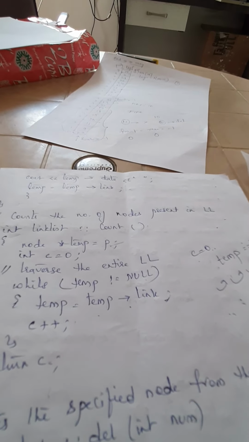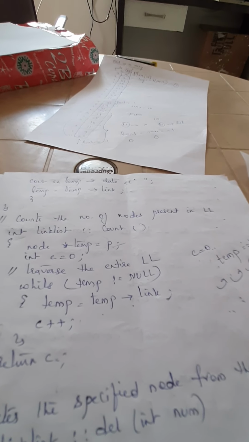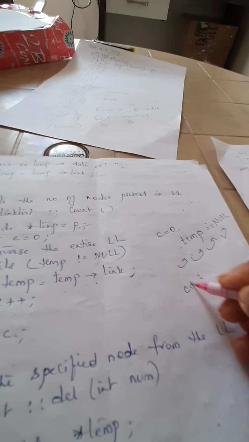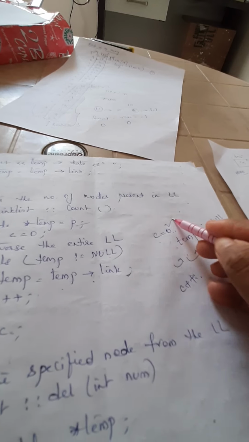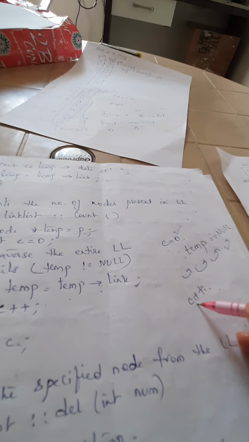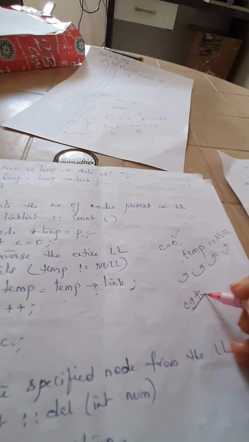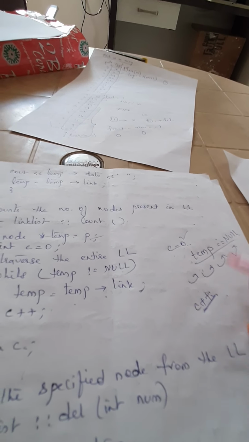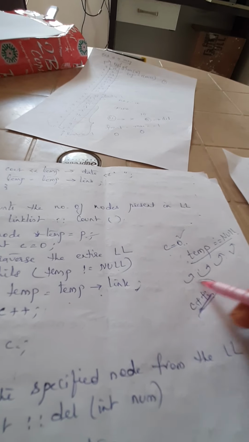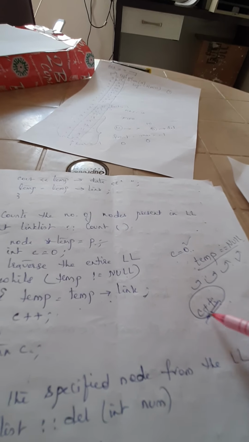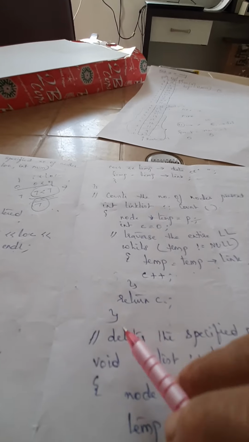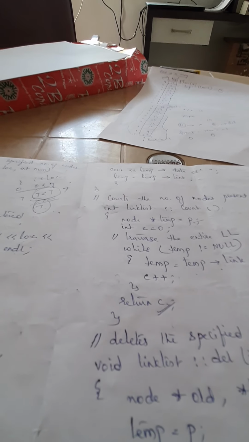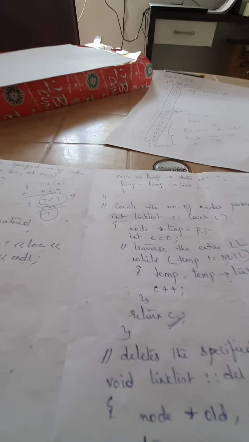So as soon as you move from temp is equal to temp of link, you will go on incrementing the C++ value. So initially C will be 0, and each time you move, C will be incremented by one, and when it reaches temp is equal to null, the counting gets stopped. So once the counting gets stopped, the value of C will be stored in the C variable, and that C value you are returning to the calling function, that is to the main function.